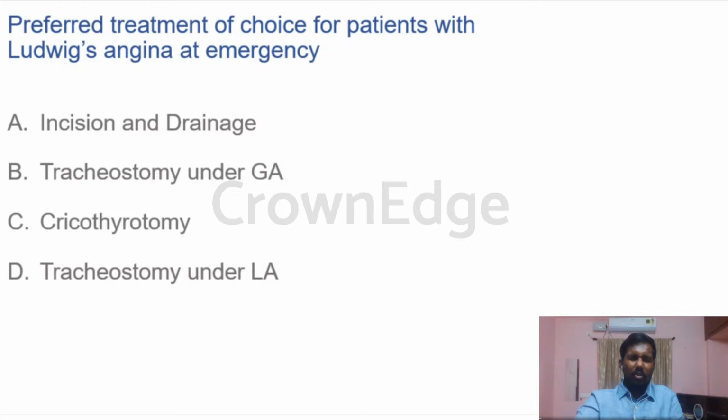Preferred treatment of choice for a patient with Ludwig's angina at emergency. Incision and drainage, tracheostomy under general anesthesia, cricothyrotomy, or tracheostomy under local anesthesia.